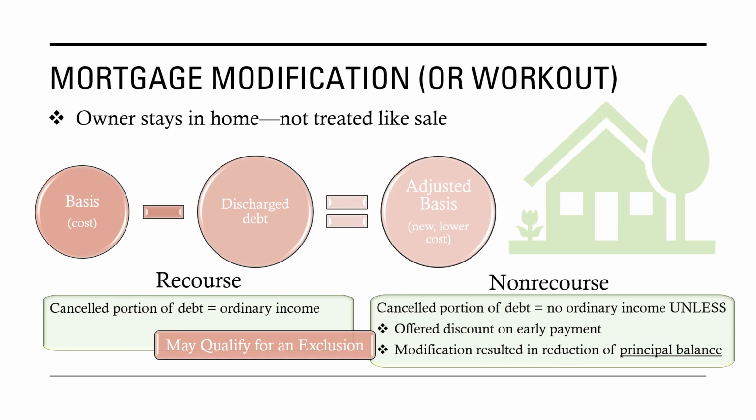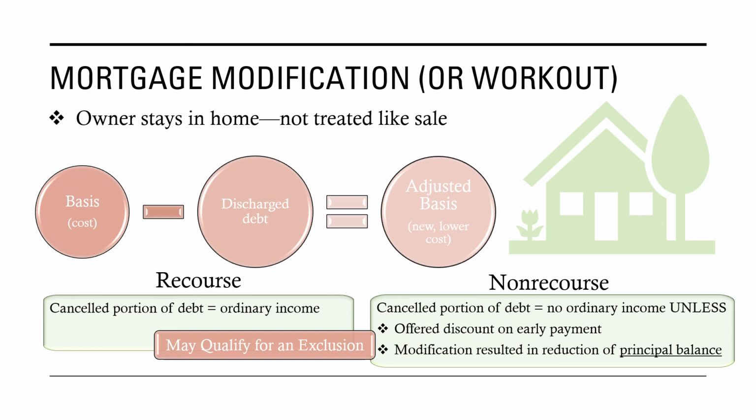If the owner is offered a discount on early payment, so they pay off a little bit early and they don't have to pay as much, then that is going to be considered something that will produce ordinary income for that reduction in what they owe.